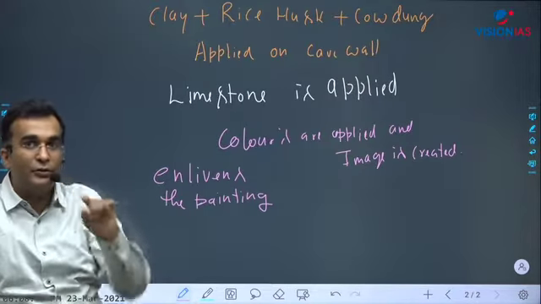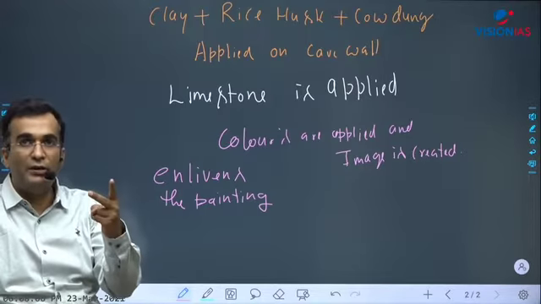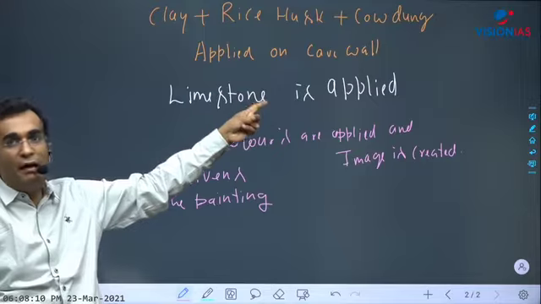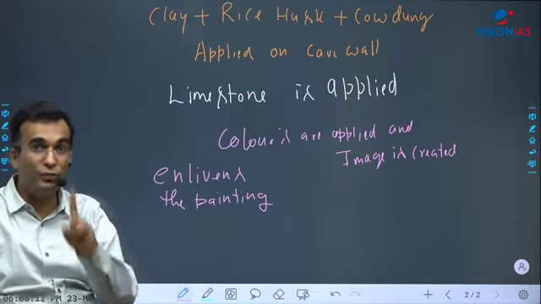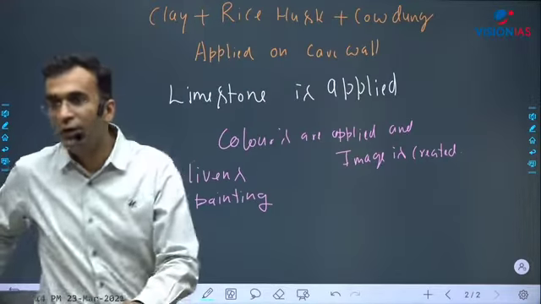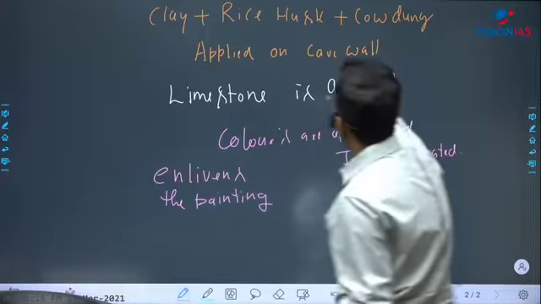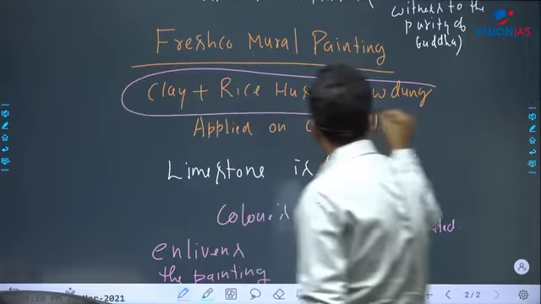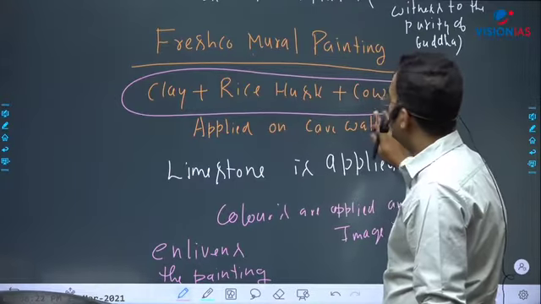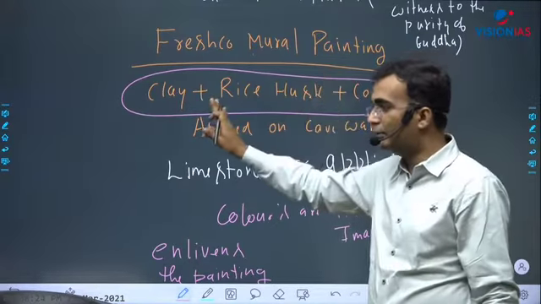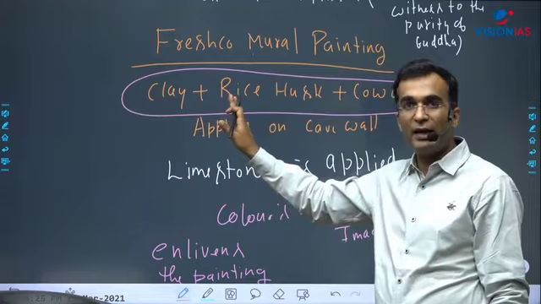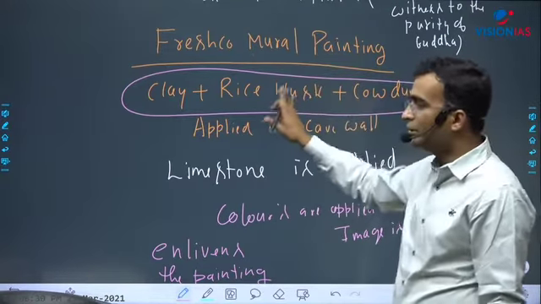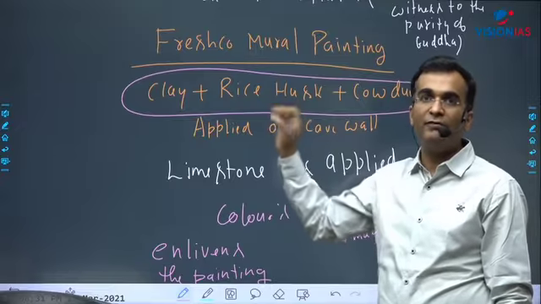I said to you that there are two importances, that one relevance of this initial mixture I have already mentioned. The second relevance, it is very important for you to know. So the second relevance of this mixture, let me explain it. You know that once this mixture is applied on the wall, then on this mixture you are creating the image, you are filling the colors.